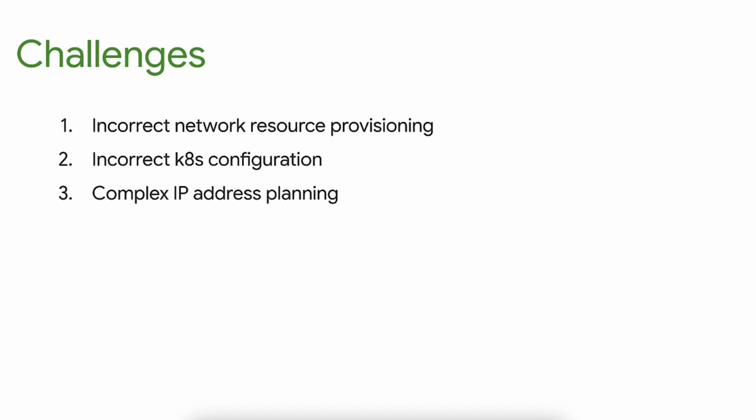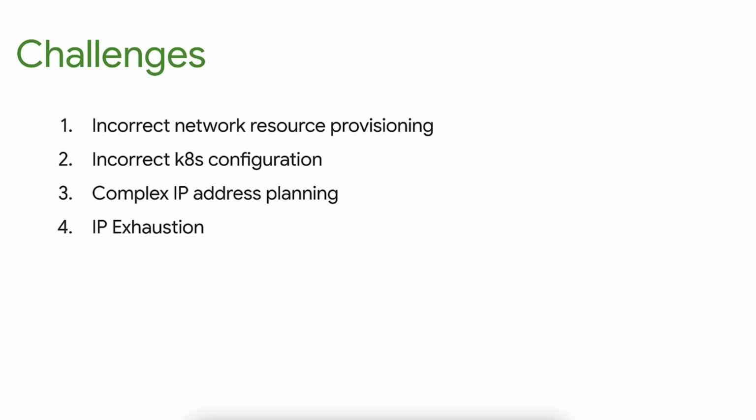Managing IP addresses across multiple clusters and services can become really complicated, especially with overlapping CIDR ranges. This complexity can lead to IP exhaustion, where no more IP addresses are available for new pods, or conflicts that prevent communication between services.